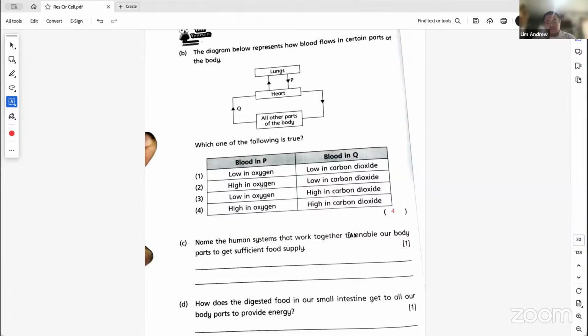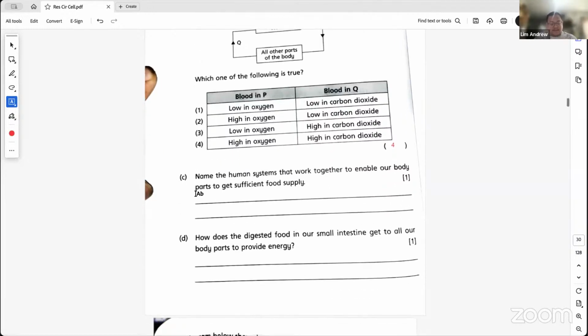The two systems that enable our body to have enough food are the digestive system and the circulatory system.